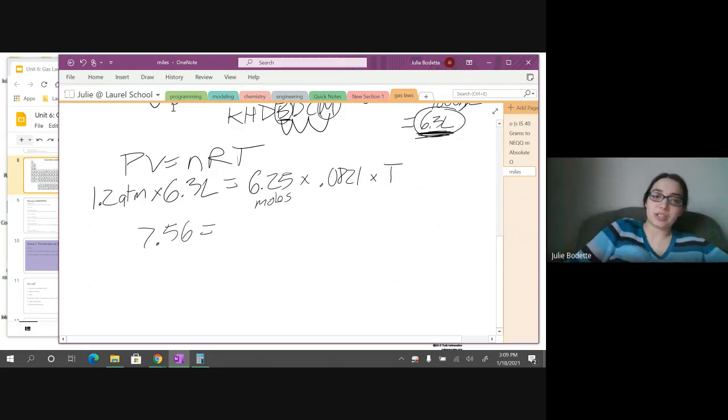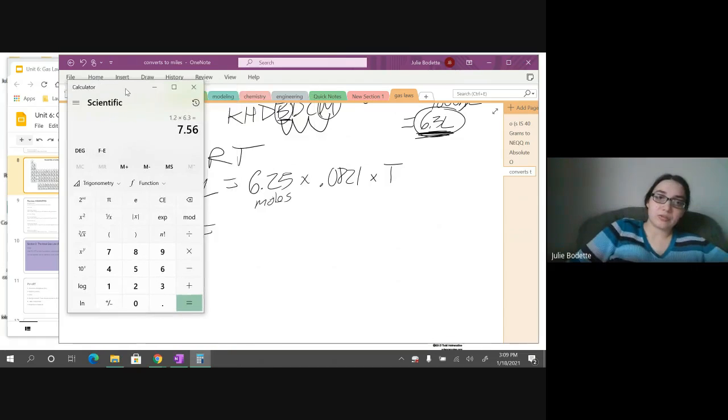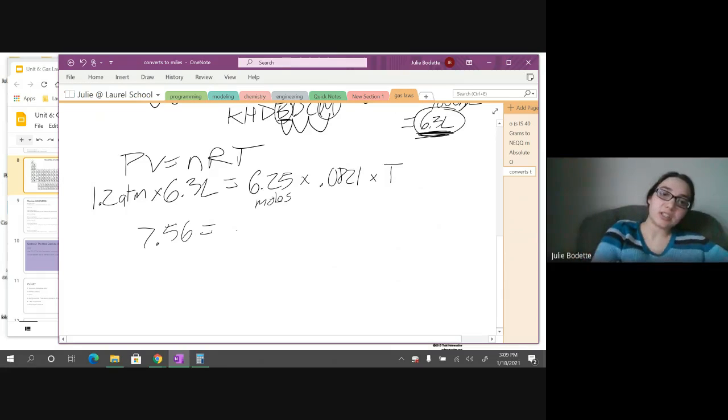And then on the right, 6.25 times 0.0821 times T. So 6.25 times 0.0821 gives me 0.513 times T.